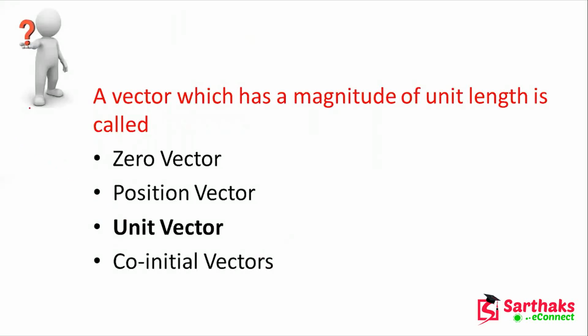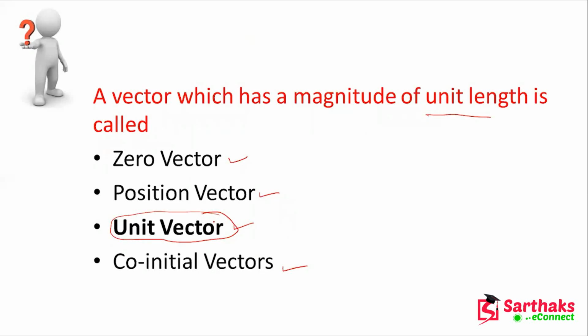Now the questions. A vector which has the magnitude of unit length, this term is very important. Is it called a zero vector, position vector, unit vector, or co-initial vector? This is the unit vector.